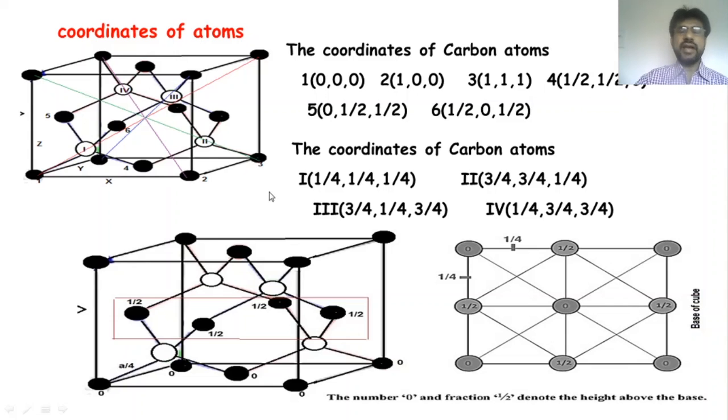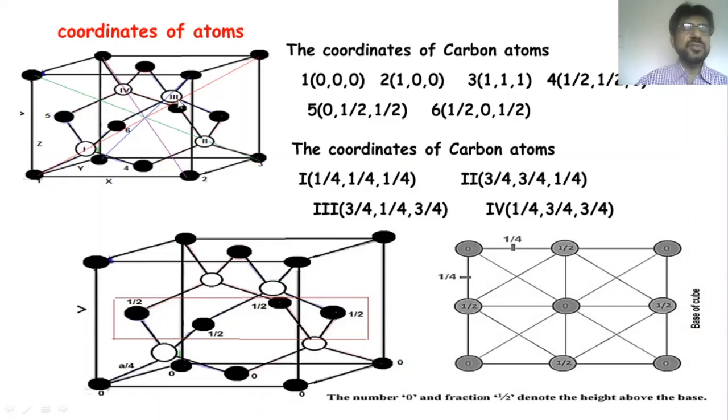In case of the 4 diagonals, if we consider from the front side, the atoms near to the corner from the front side, its distance is 1/4.